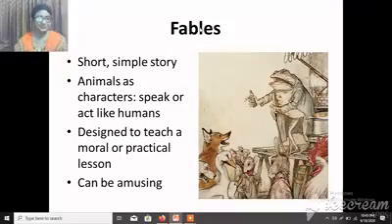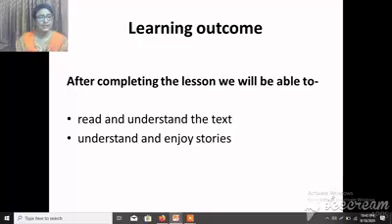The fables can be amusing. After completing the lesson, Aesop's fable, we will be able to read and understand the text. Understand and enjoy the stories too, but to understand the lesson clearly, we need to know some vocabulary.